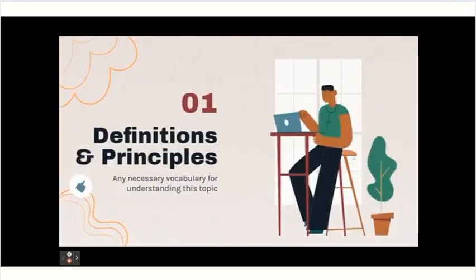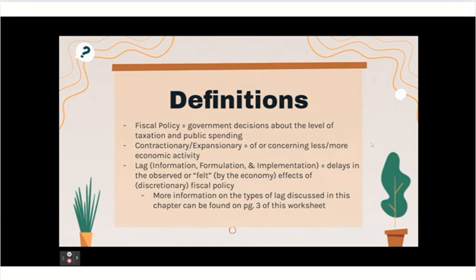So first up are the definitions and principles, just what you need to understand all of the stuff that we're going to be talking about. So the definitions is what we're going to go over for fiscal policy.